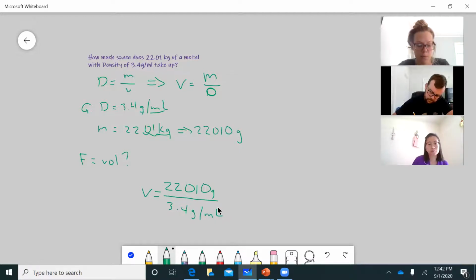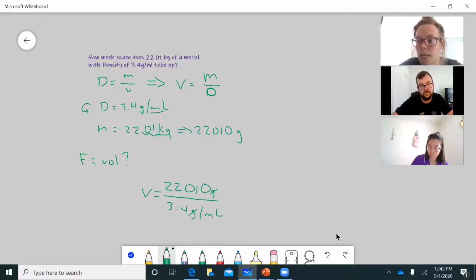This is a useful time to see why we want to add our units when we're running calculations. So I can see there's a gram here and there's a gram here. I know those guys are going to cancel each other. If I had plugged in the 22.01 kilograms, the kilogram would have been here. That would have been an indicator for me that something isn't working out because the units aren't canceling.